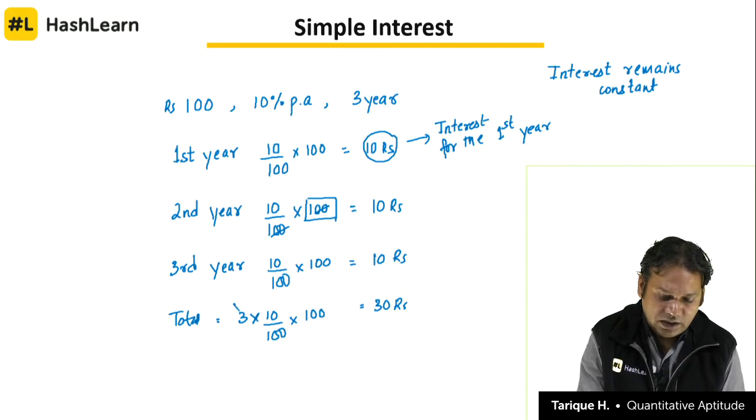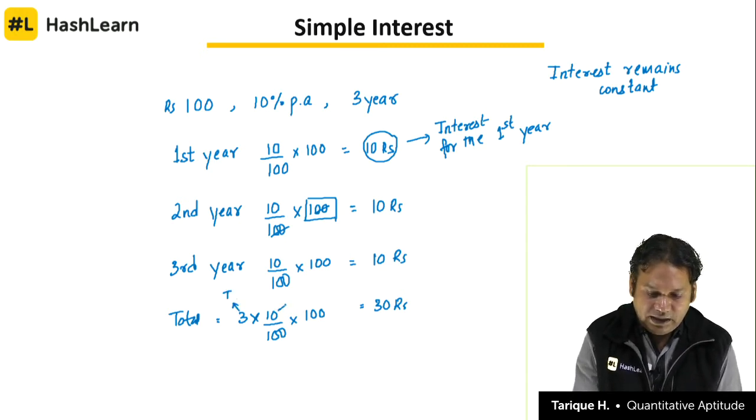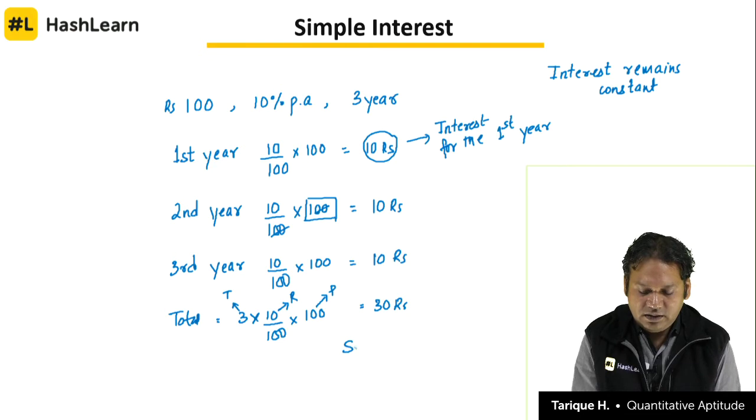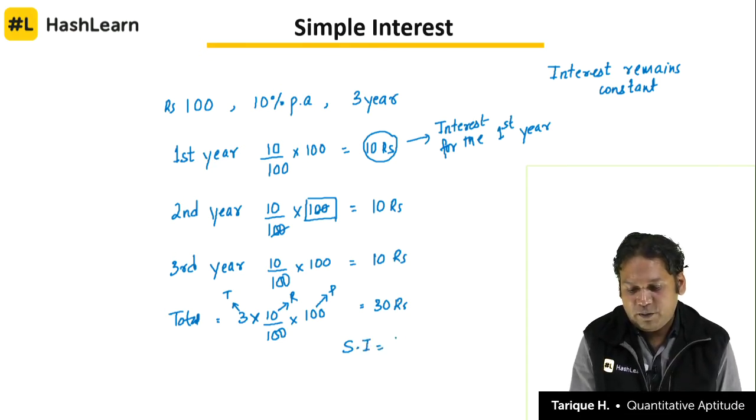Here 3 is the number of years, 10 is the rate percent, and 100 is your principal. That is how we say that simple interest is equal to, what is the formula? P into T into R by 100.